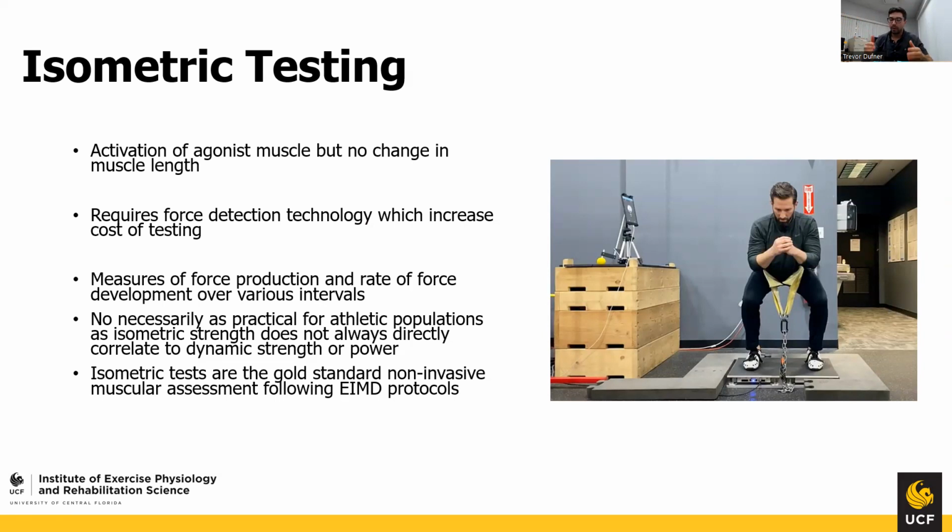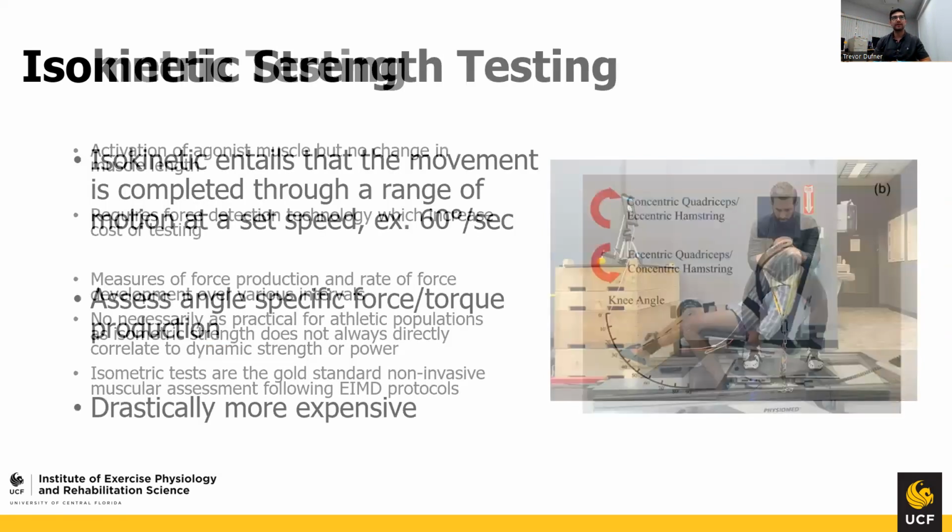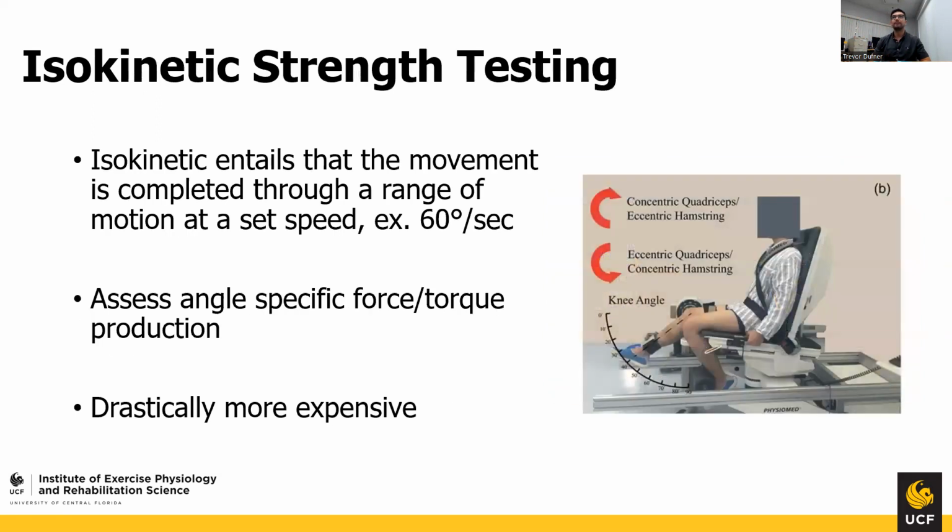However, when you're monitoring a sports team or an athletic population, this isn't as useful for transfer to sport. However, it's useful for a bunch of other things like muscle quality assessment. It's useful as a general tracking of strength over time, but its transfer to sport is not as great as something like a vertical jump test, which I'm going to get into shortly.